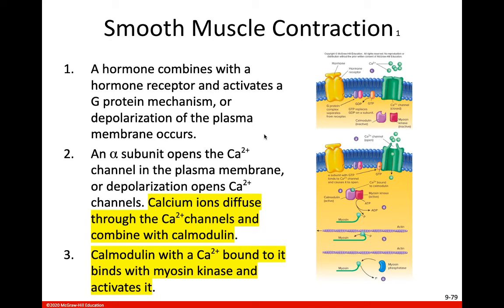I think there's another neurotransmitter that can stimulate smooth muscle cells. When a neurotransmitter sends an action potential, causing depolarization of the plasma membrane, it's pretty much like skeletal muscle as far as how that happens.